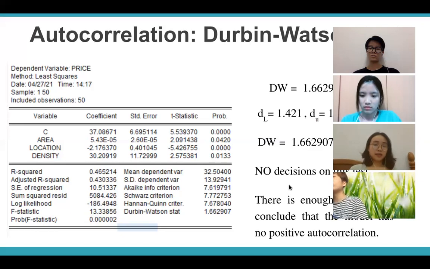The Durbin-Watson test statistic is equal to 1.662907. In the table for this statistic, DL is equal to 1.21 and DU is equal to 1.674. Therefore, we can see that the DW is close to the DU. Therefore, we can conclude that our model does not have positive autocorrelation.